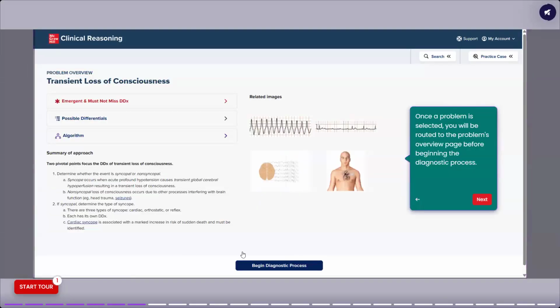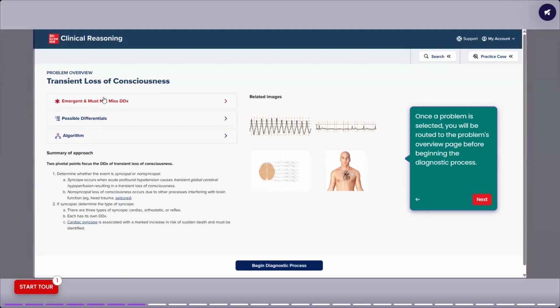The problem module provides you with an overview of this problem to start the diagnostic process. So if a patient presents to me with transient loss of consciousness, what is it that I want to look for? What is it that I want to dig deep into as a student who is learning differential diagnosis or clinical reasoning?